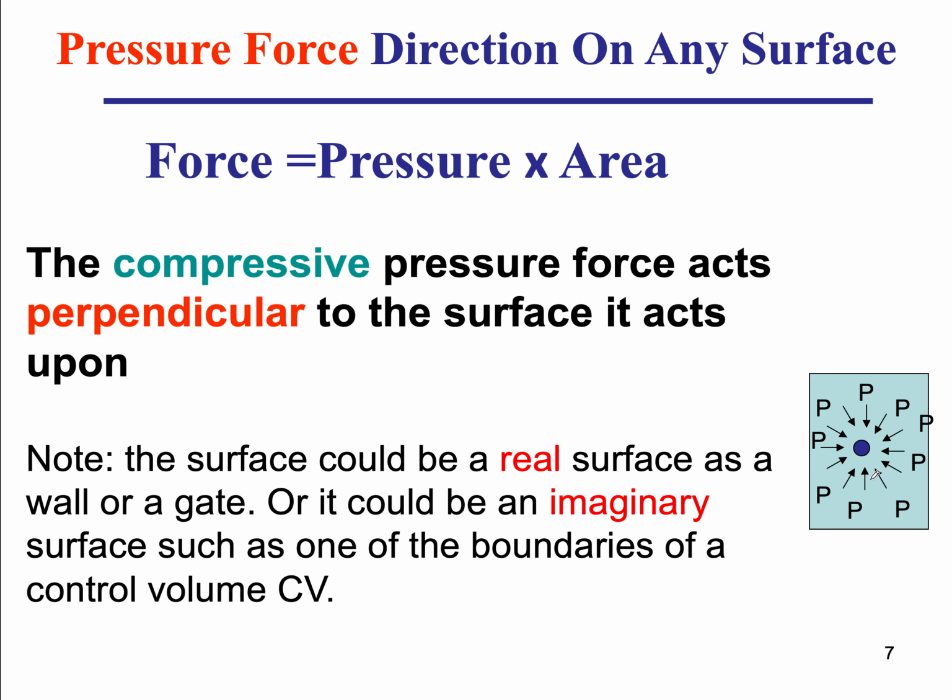So this is the pressure distribution around my weightless fluid element, and all the pressures are symmetric and of equal magnitude, so they have no net contribution to a force. So my fluid element sits where it is, and it stays static.